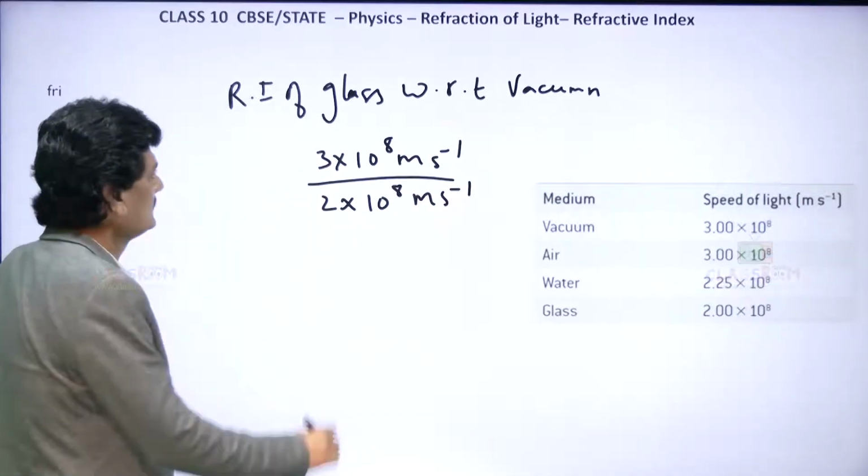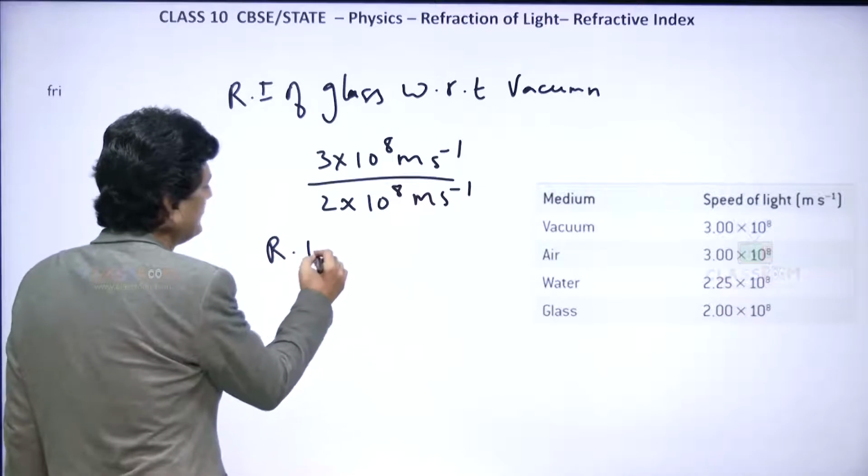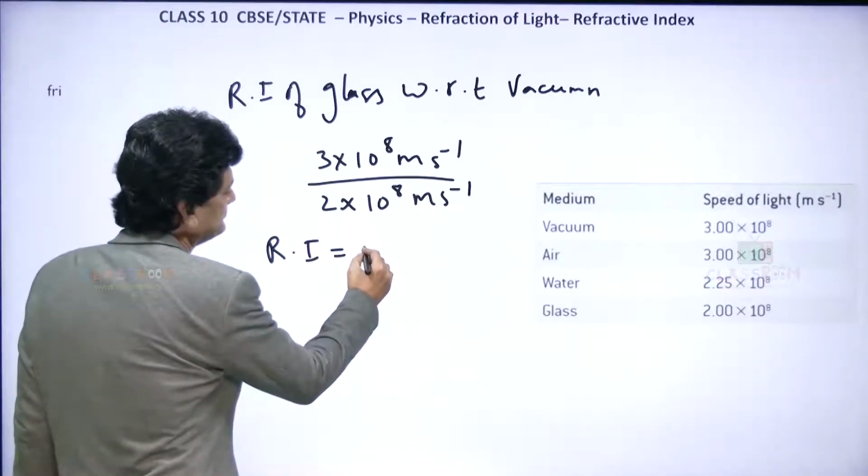So, what does the refractive index of glass come out to be? It is 1.5.